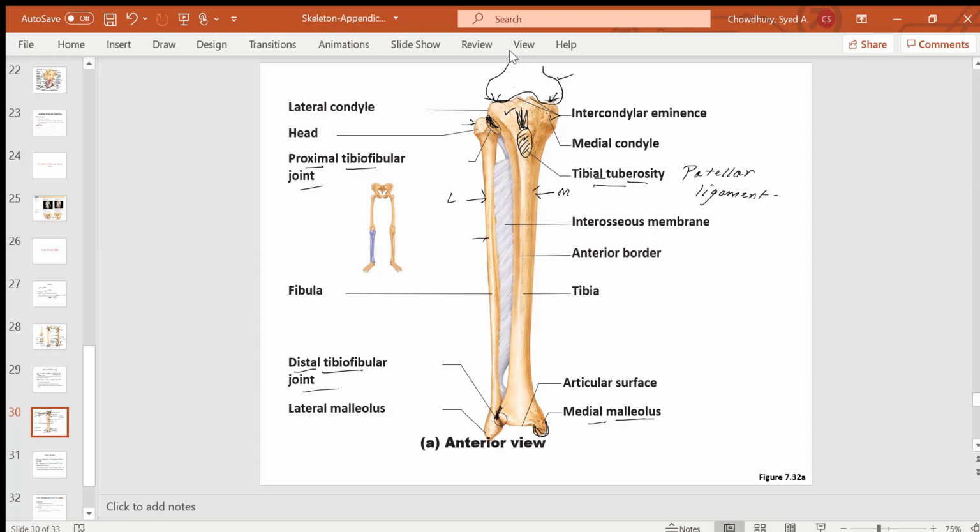Similarly, tibia and fibula also get attached to each other at their upper and lower ends and form the proximal tibiofibular joint and distal tibiofibular joint. And also the shafts of these two bones are attached by interosseous membrane, in a very similar way to how the radius and ulna are held together. So that's how these two bones are strongly held together. Okay.